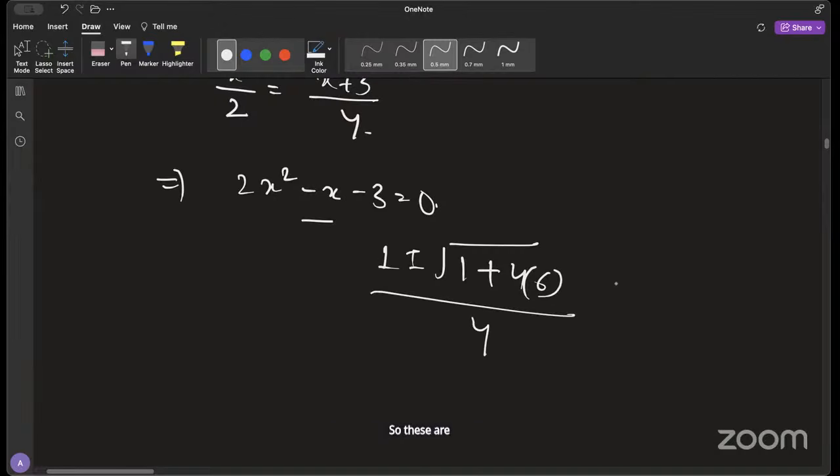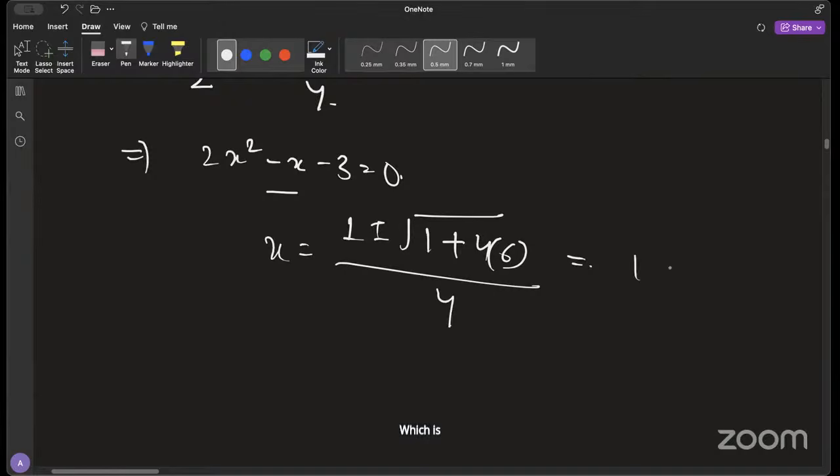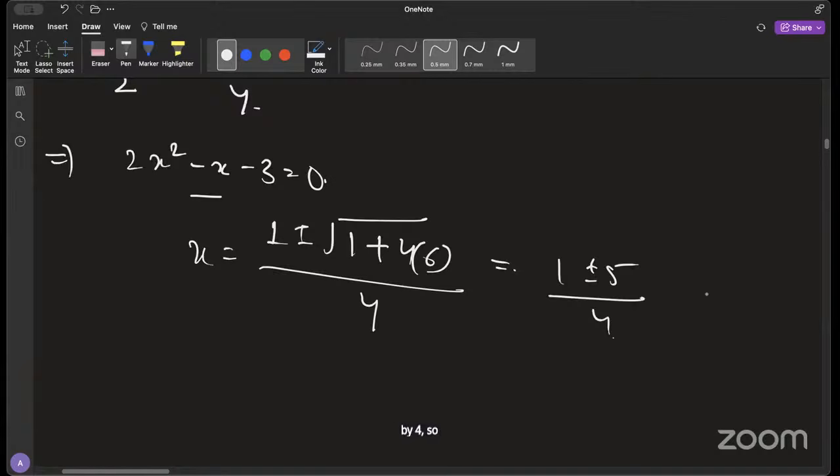So these are going to be the roots, which is 1 plus minus 5 by 4. So it's 6 by 4, or you can say 3 by 2, or you have minus 1.